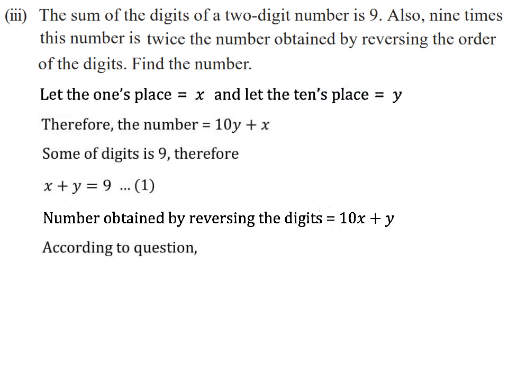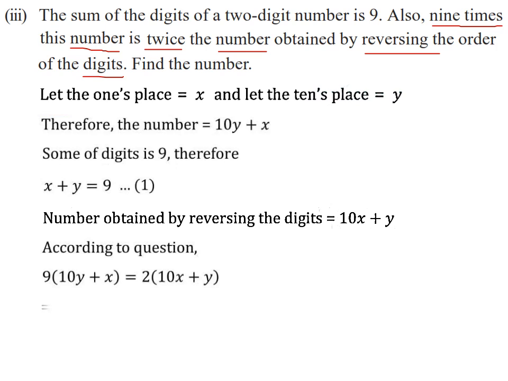According to this question, 9 times the original number is twice the number obtained by reversing the digits.